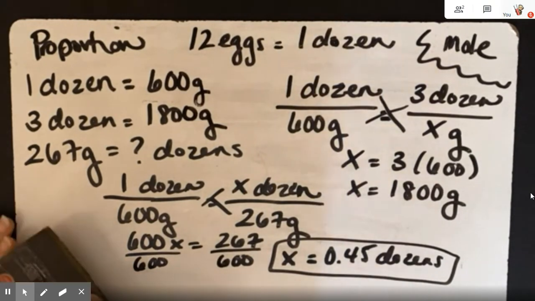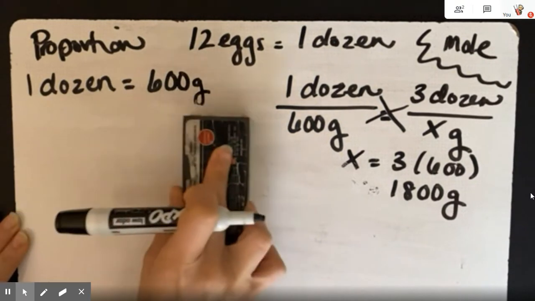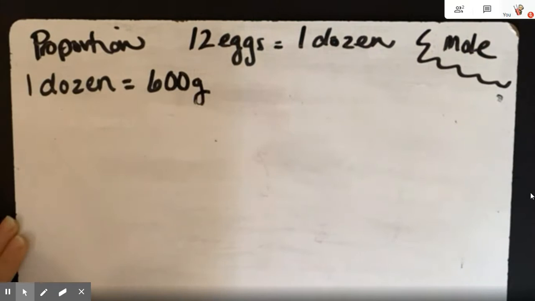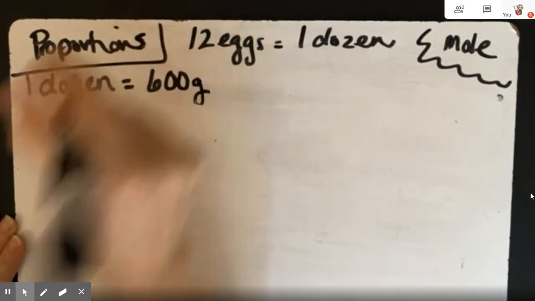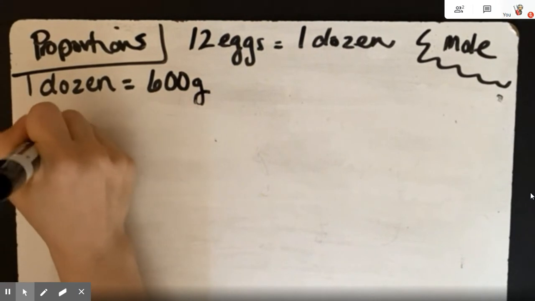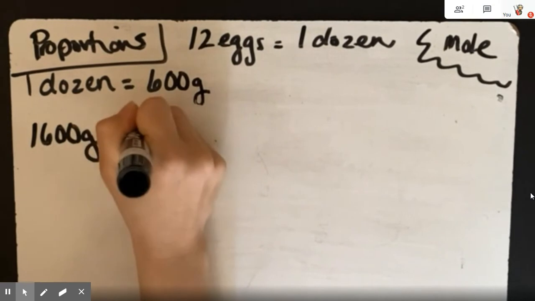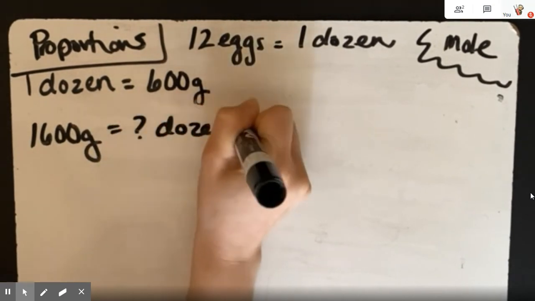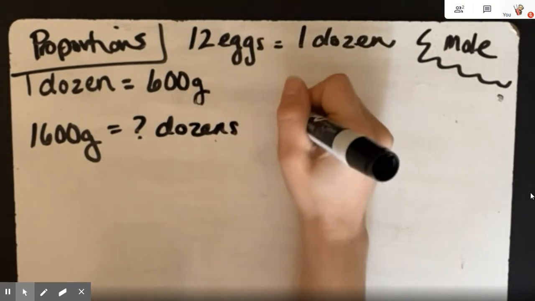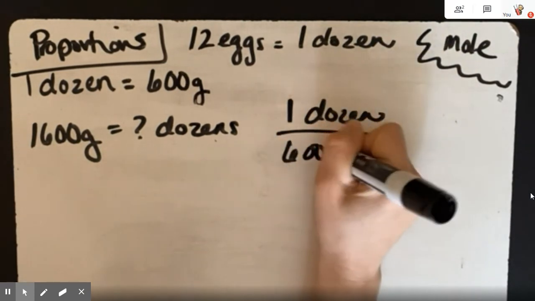Let's try another one as an example. Let's get rid of all this, but keep our relationships, because those are important. So here's another question. What if I had 1,600 grams? How many dozens would that be? Again, we need to use our proportion. We know that 1 dozen equals 600 grams.